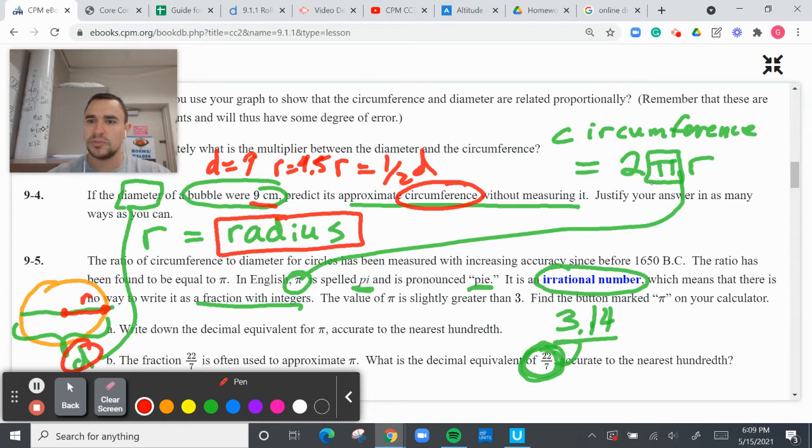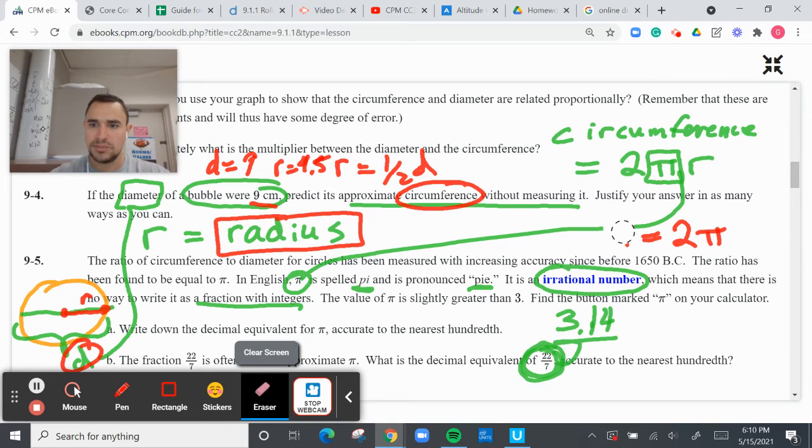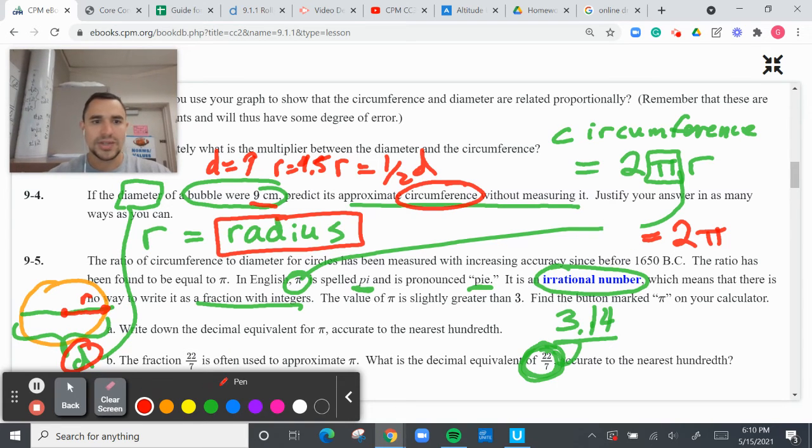So what we would do is say the circumference is 2 pi times the radius. The diameter is 9, so the radius is 4.5. Approximate the circumference: the circumference equals 9 pi.